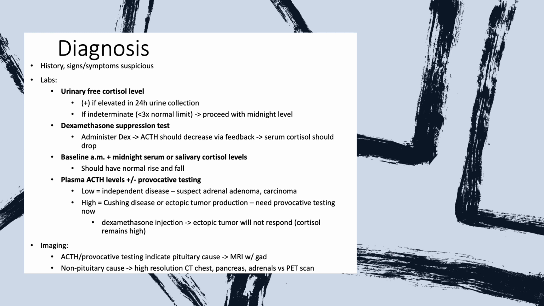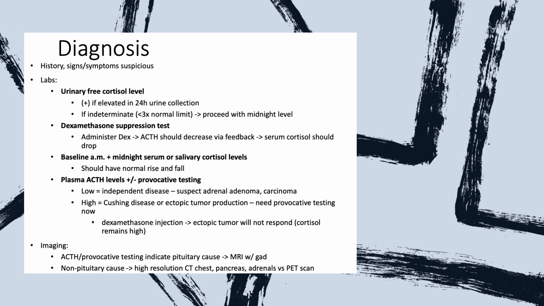If it's less than 3 times the normal limit, or you're not 100% sure, you'll proceed with a midnight level. Again, cortisol production should have a biphasic pattern, so we can look at it at baseline around 9 a.m. and then midnight. There should be that normal rise and fall.